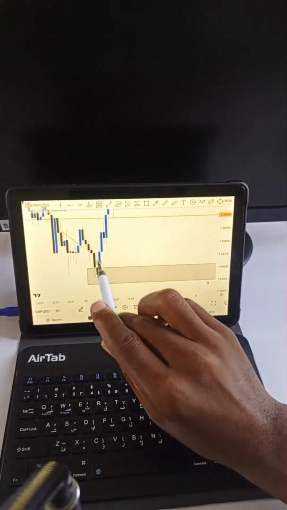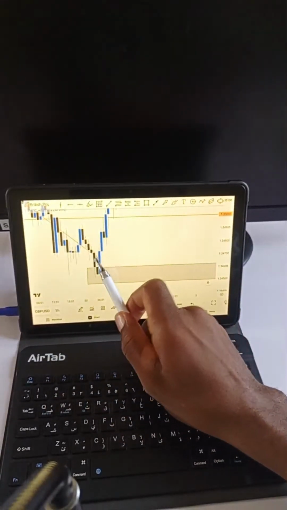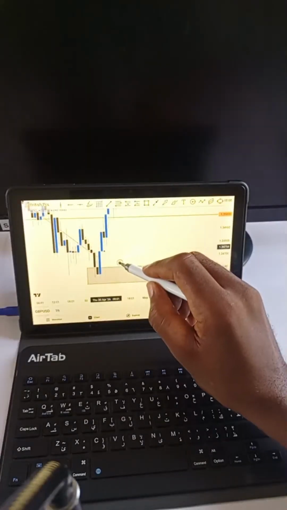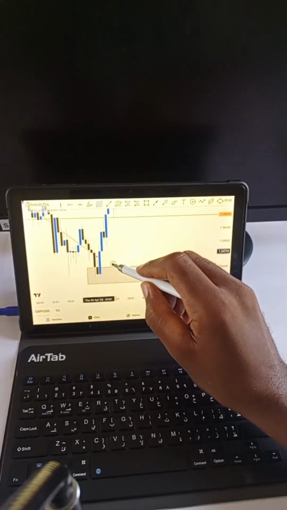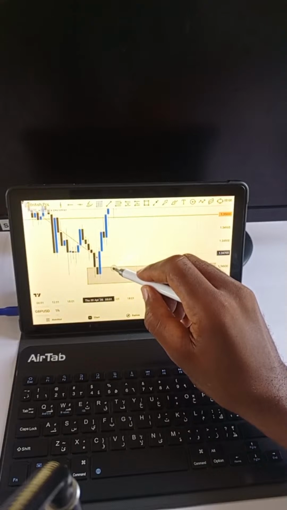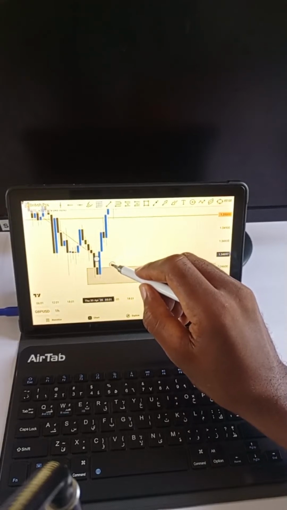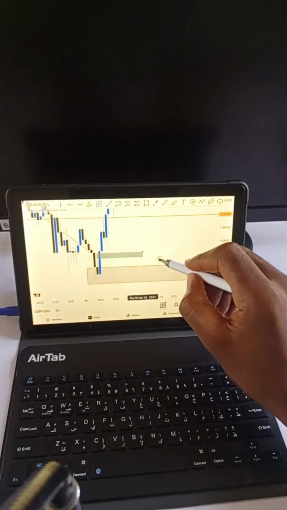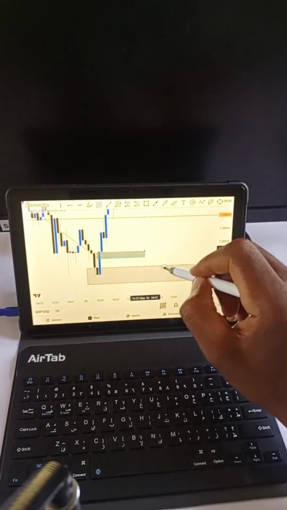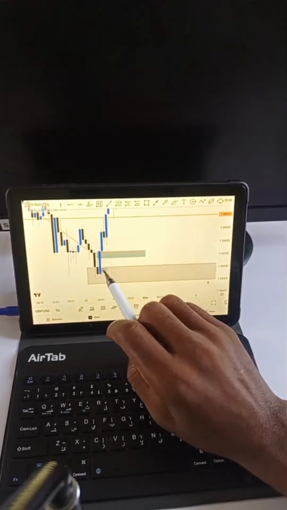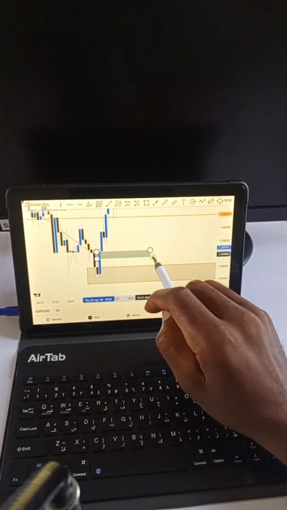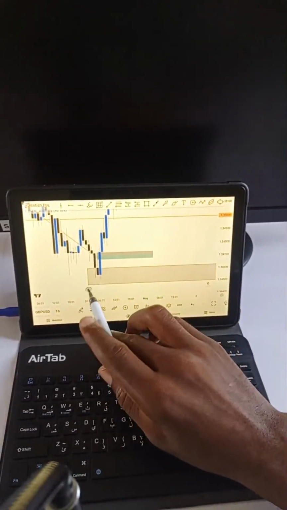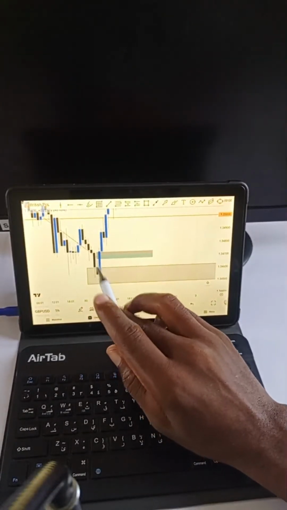You see this gap between the bottom of this green candle. This is what we call a fair value gap. Then you see this last black candle.